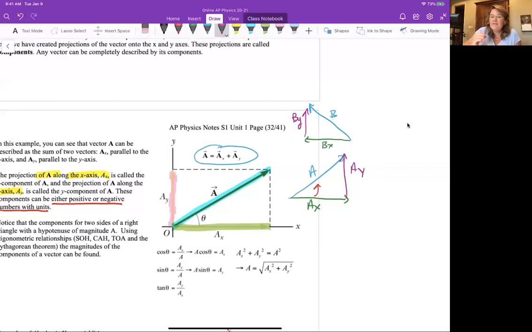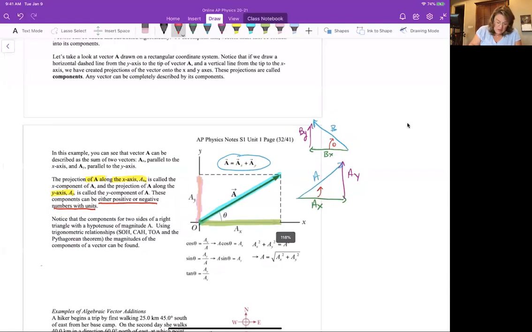So I have to pay attention to which axis the reflection is on. Is it on the positive or negative axis? Because we're not using standard position. We're using just this angle right here, some angle, we'll call it theta, above the negative x-axis, or north of west. That's the subtle difference between pre-cal standard position measurements and what we do in physics.